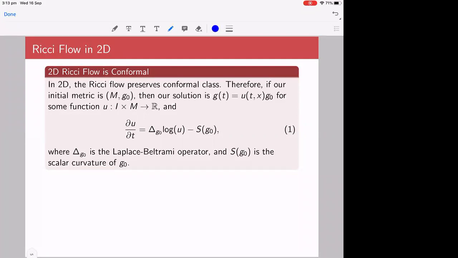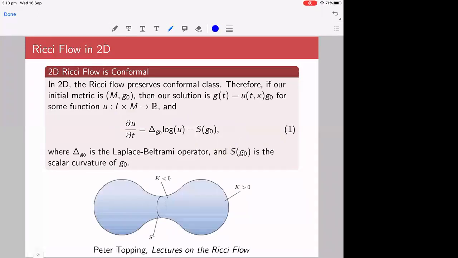We have this equation 1 here that says that the time derivative of this scalar function u should be the same as the Laplacian of the logarithm of u, the Laplacian taken with respect to your g0 metric, and then you subtract the scalar curvature of that same g0 metric. I'm not going to spend too much time talking about this, at least not in this talk. Maybe we'll get to it a bit more next week.